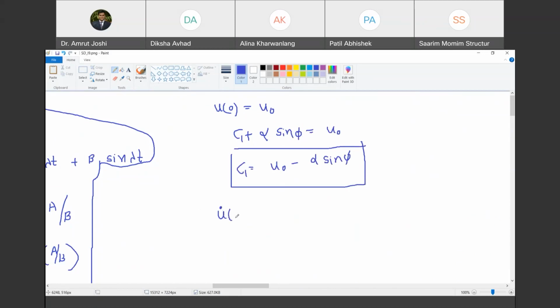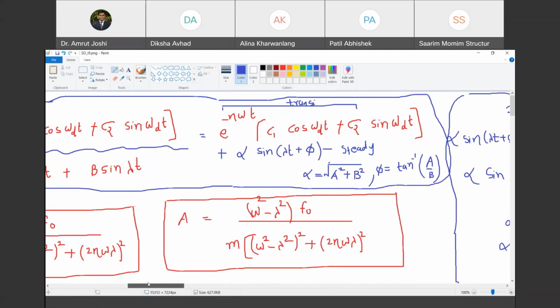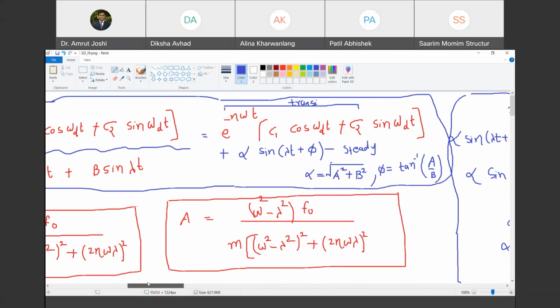Now we are going to obtain the value of C2. So U dot of 0 is equal to U0 dot, U dot of t. We have done it quite a lot, बहुत बार किया है हमने, तो ये फिर से करना है.